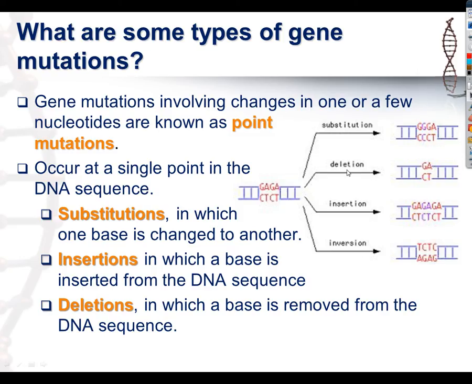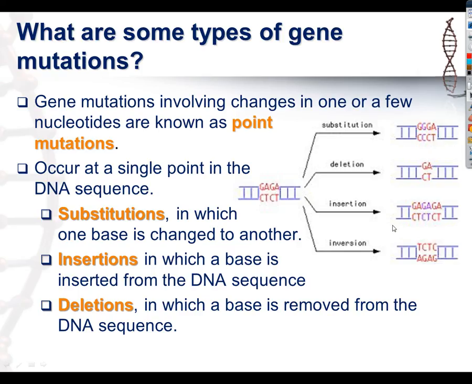You have deletion, where it completely deletes. You have GA, it completely deletes this GA right here, and it just brings it down to 2. All right, that's going to show as well. You have insertion, where you go from GA to GA, and then it inserts an additional GA in between the original ones.